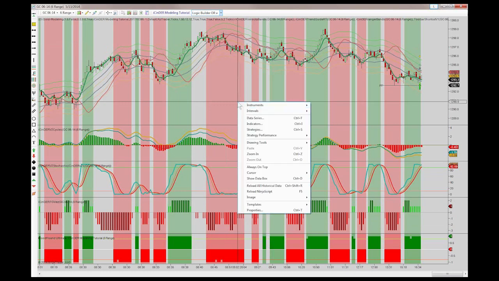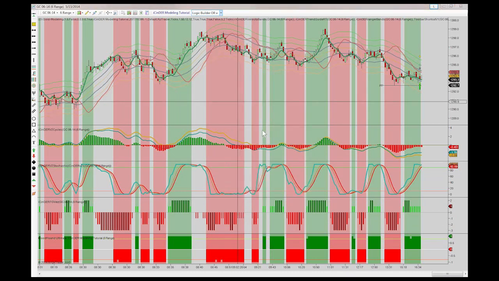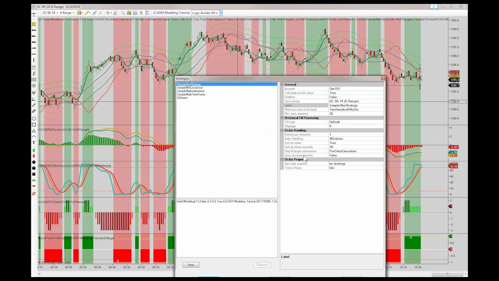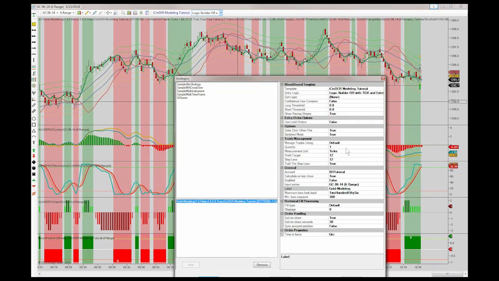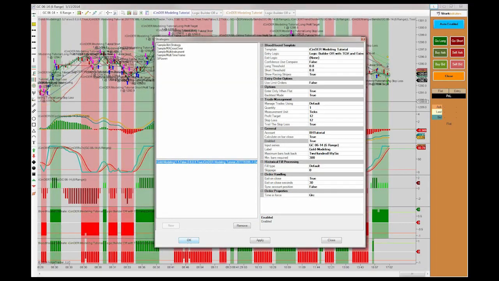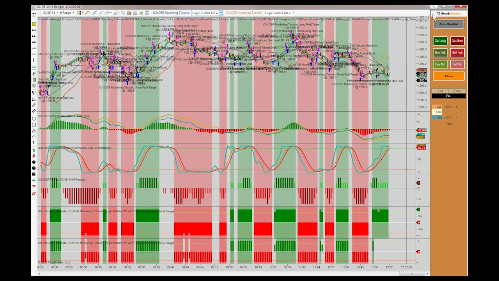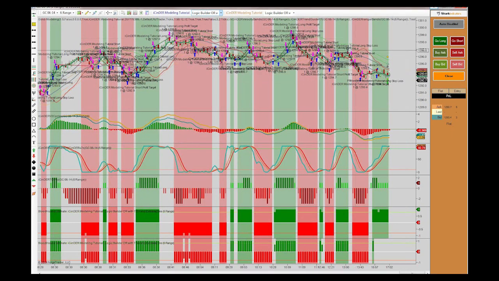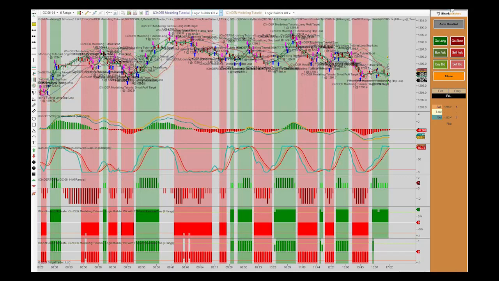Now, what we would do, again, is create a strategy. And the strategy, again, is simple: 12 ticks profit target, 12 ticks stop loss, one single contract. We'll turn it on. This is just to show how to integrate BloodHound with iCinDER.